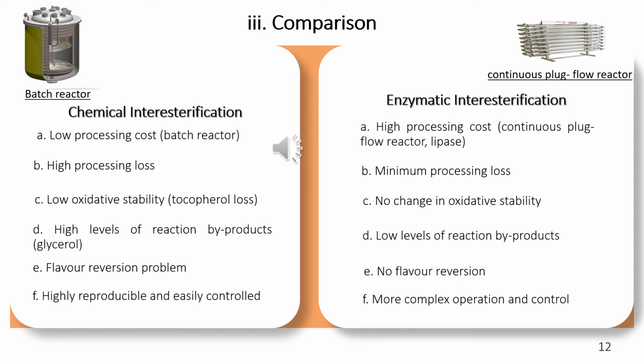In flavor reversion, a spontaneous change takes place in the edible fat, while in the enzymatic interesterification process, there is no flavor reversion problem. So the oil and fats maintain their flavor and odor, and there is no change in flavor in enzymatic interesterification.